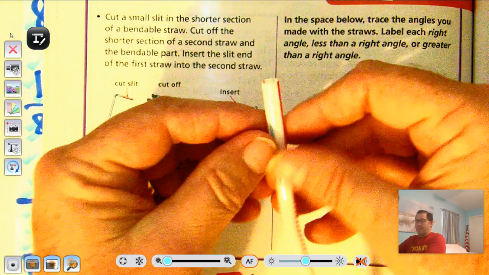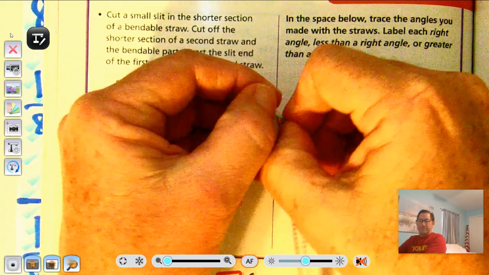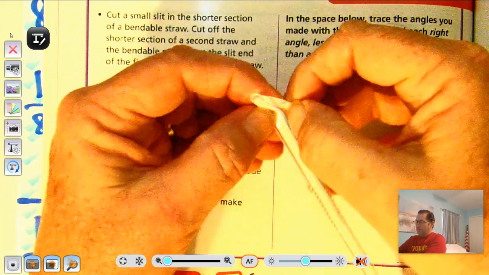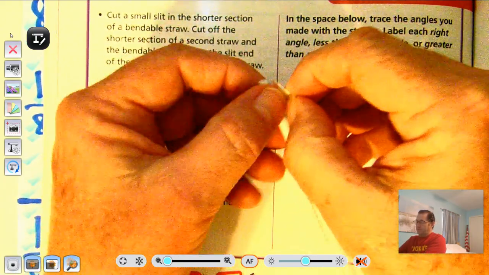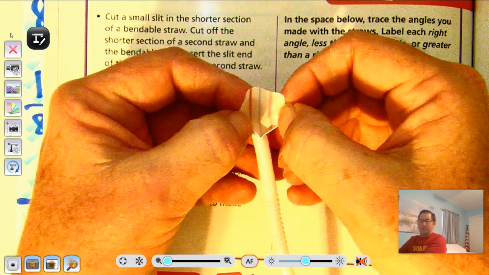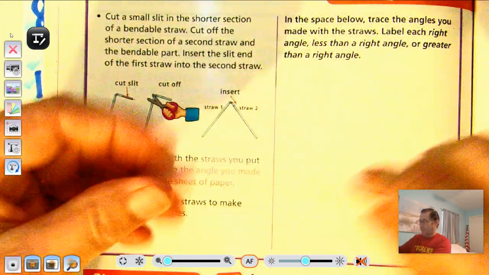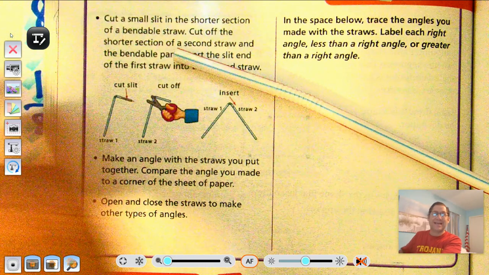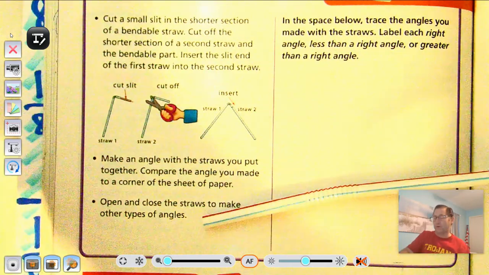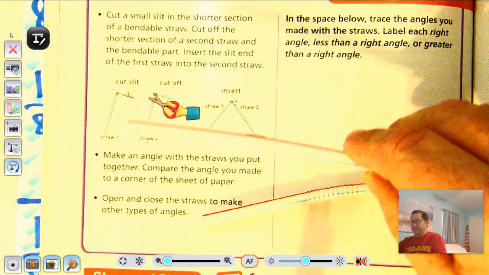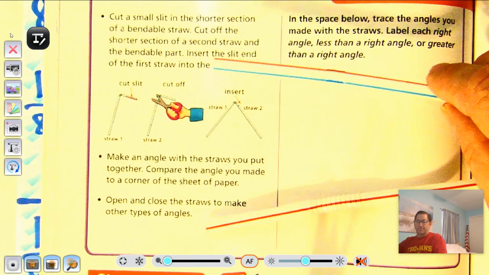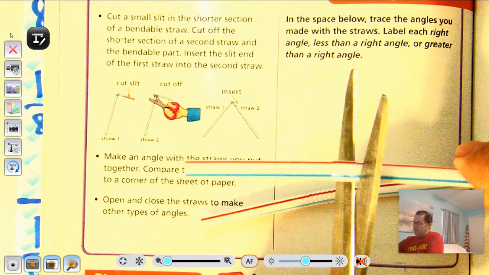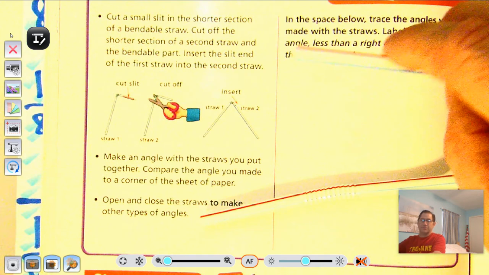So you look at here, I just cut a little slit in the shorter end of the straw. Okay? All right, now take a second straw, cut off the shorter section.